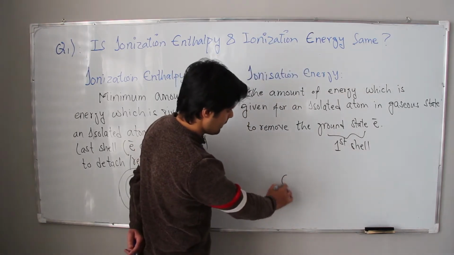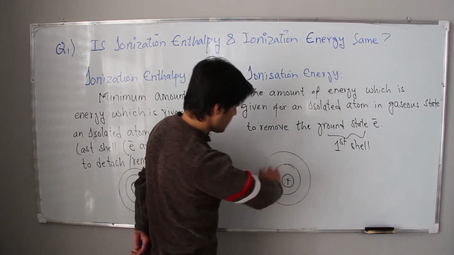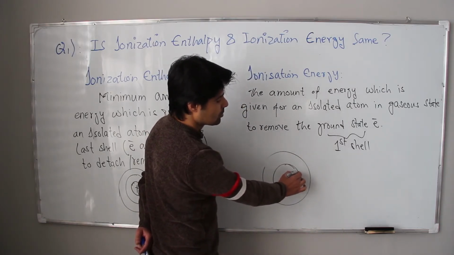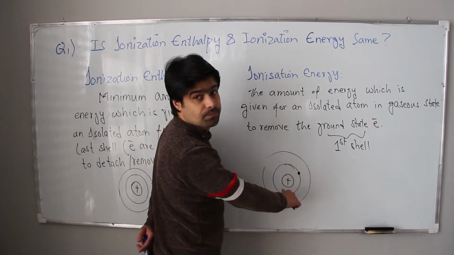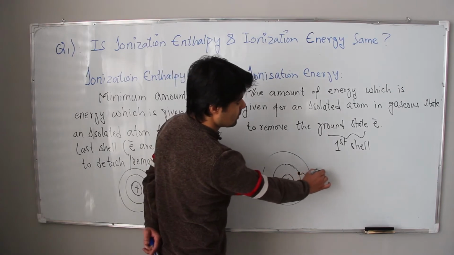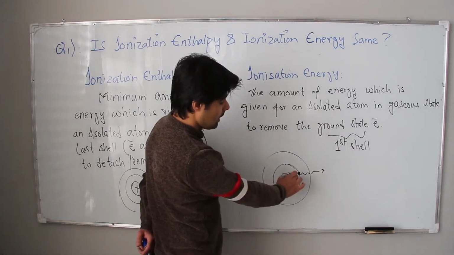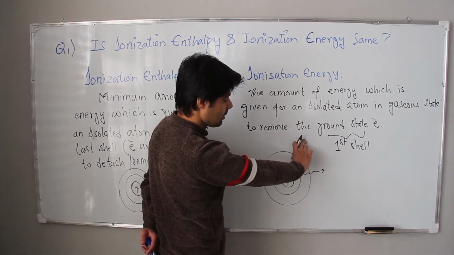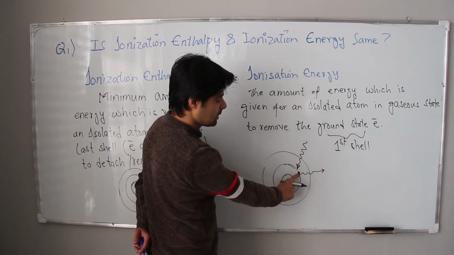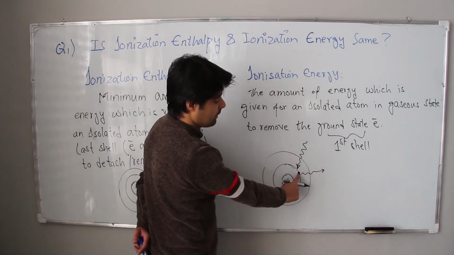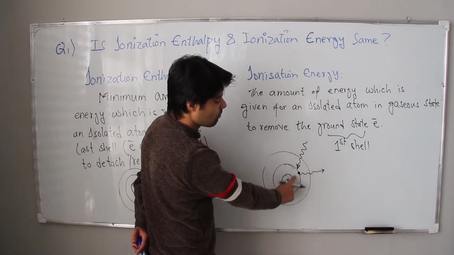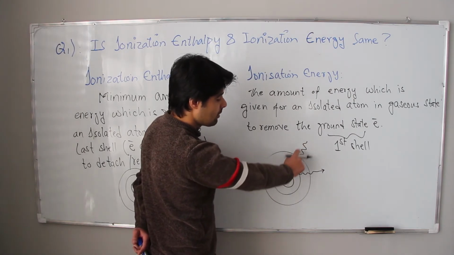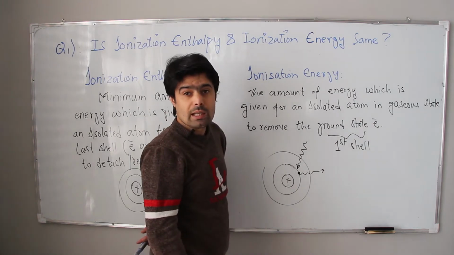For example, we have an atom. This is the first shell and second shell, or whatever we have. Now I want to remove this electron, not the last shell's. For this electron we should give an amount of energy, and you know that this electron is near to the nucleus. If it is near to the nucleus, it is more bound to the nucleus, so we should give a large amount of energy to the atom.